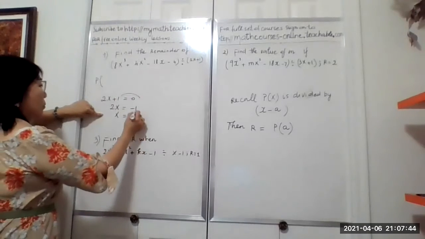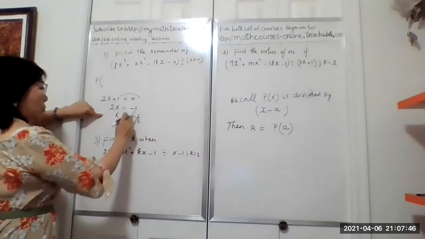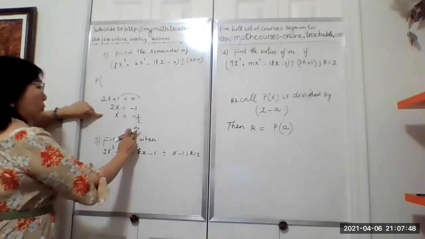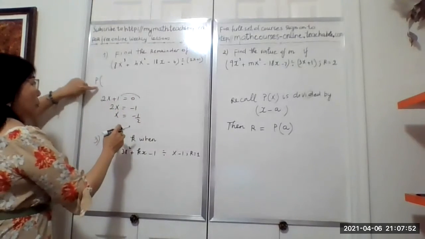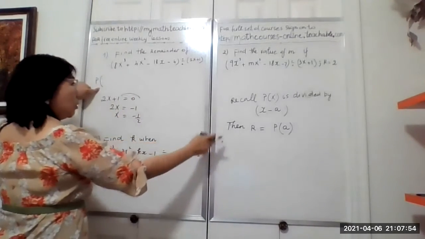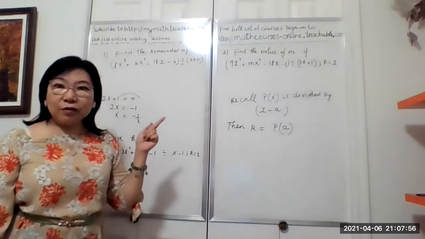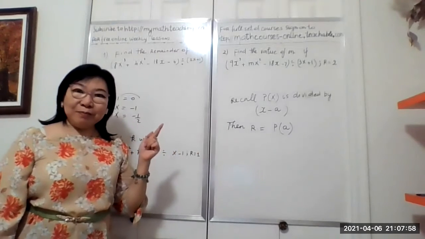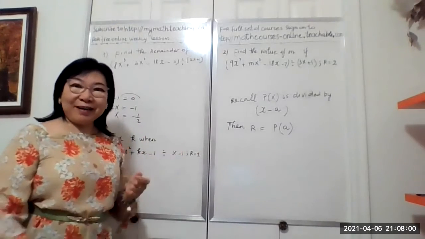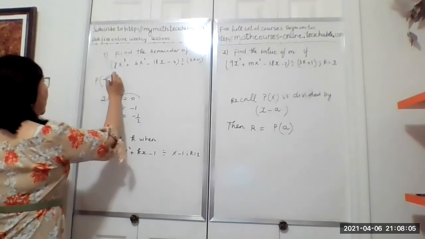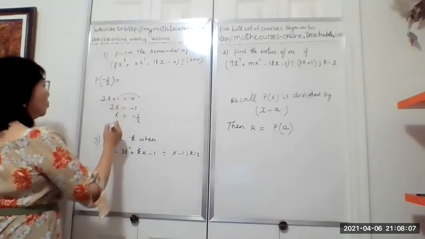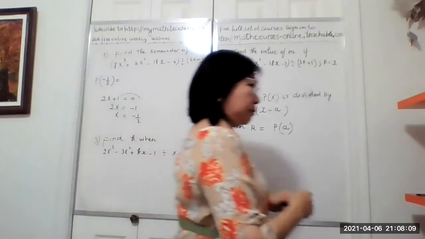So it means that if we substitute this x value, x equals minus 1/2, into this polynomial by the remainder theorem, this statement is true. We already went through that in the previous video. So now we know that p of minus 1/2 will be equal to the remainder.